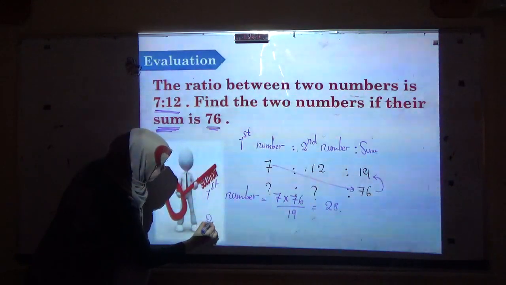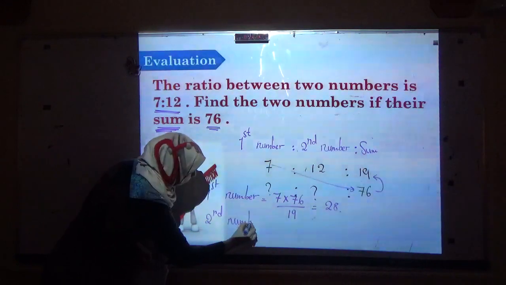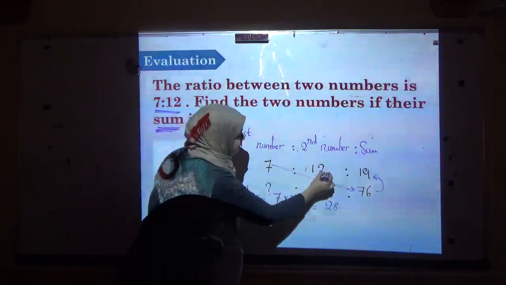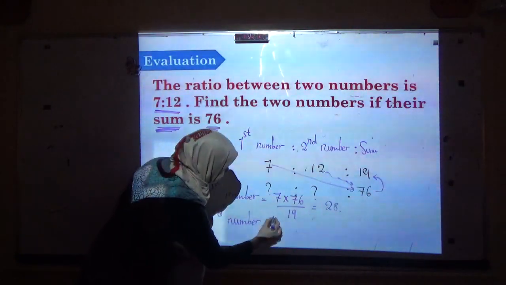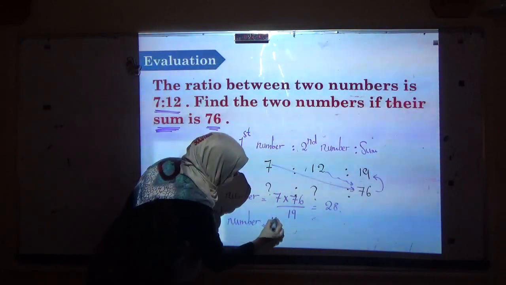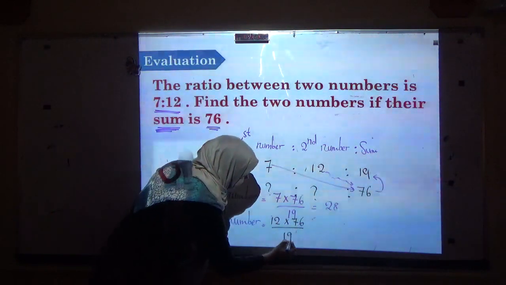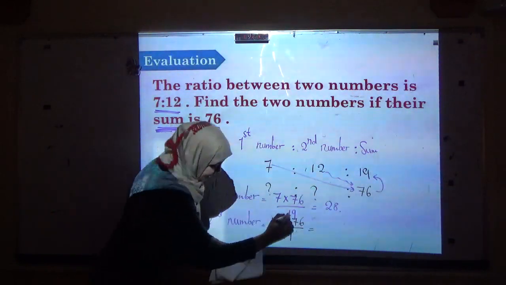And the second number equals 12 multiply 76 divide 19 equals 48.